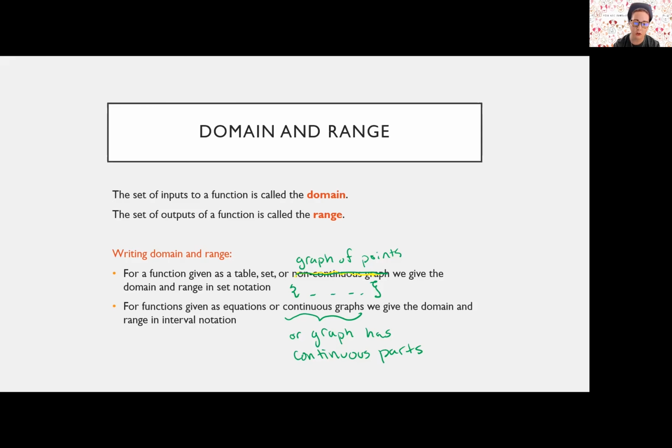So that'd be like if you have a closed circle on a graph or it distinctly stops somewhere. So when we write domain and range, we have two different ways to write it. Generally, when you see a graph, it's going to be interval notation. Otherwise, if it's a table or set of ordered points, it's going to be set notation where you list each X and Y value.